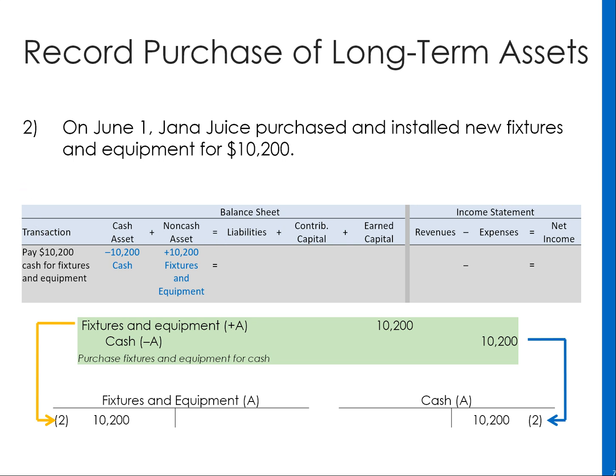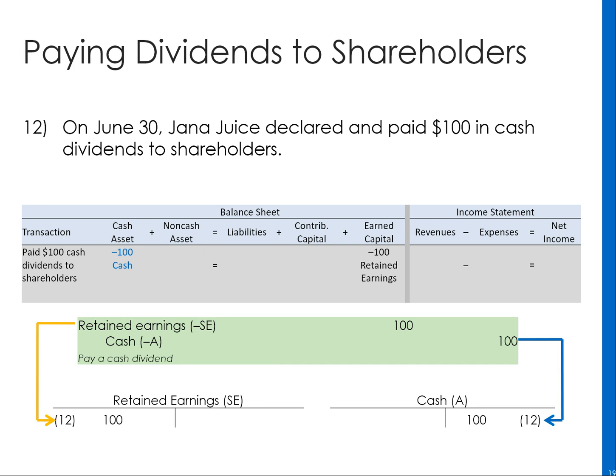So from transaction 2 to transaction 12, please study these transactions to see how numbers are posted. I'm going to skip this part. Basically, the idea will be the same. And I think we have covered all these transactions in the previous lecture. The purpose is to see how we're going to post numbers into their T accounts.